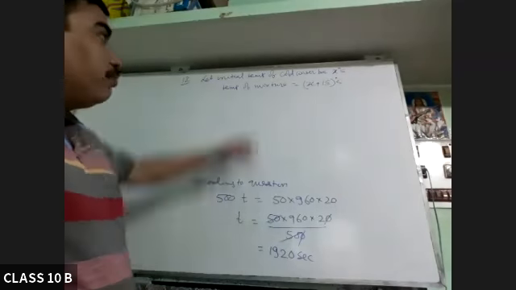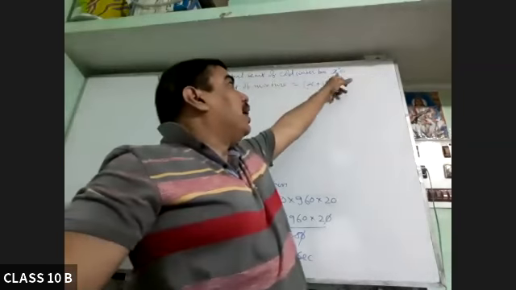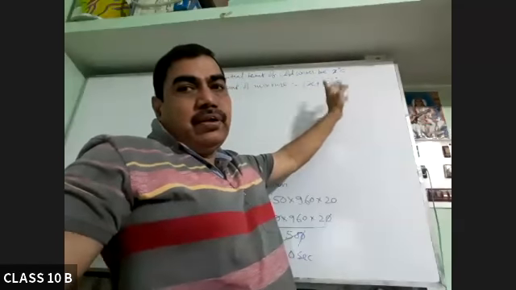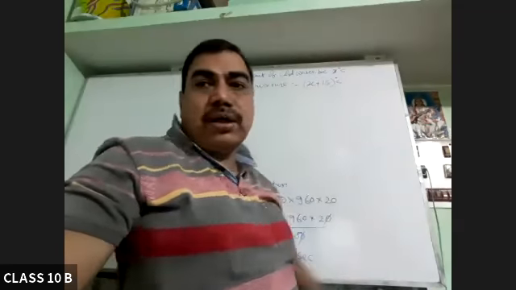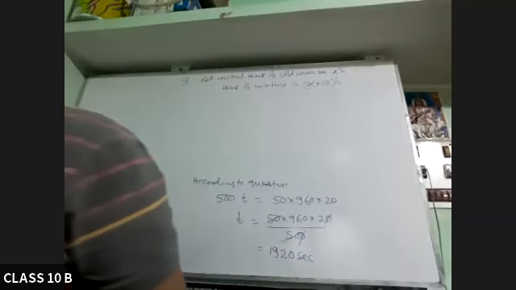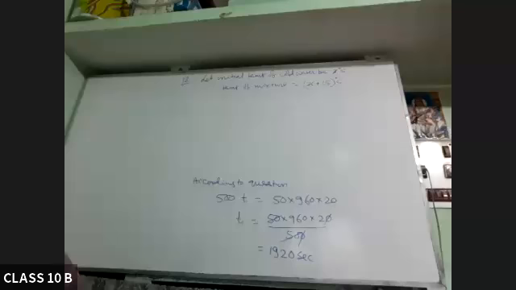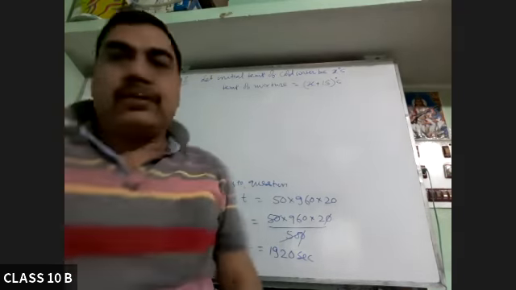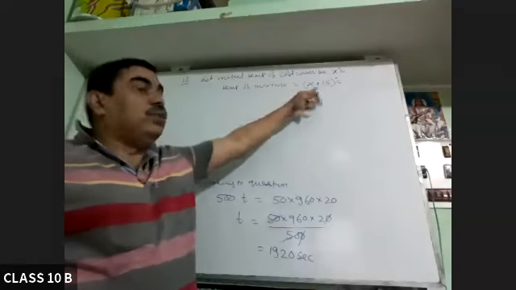So the temperature of cold water increases from X to X plus 15, whereas the temperature of hot water, which is 50 degrees Celsius, will fall from 50 degrees to this temperature.